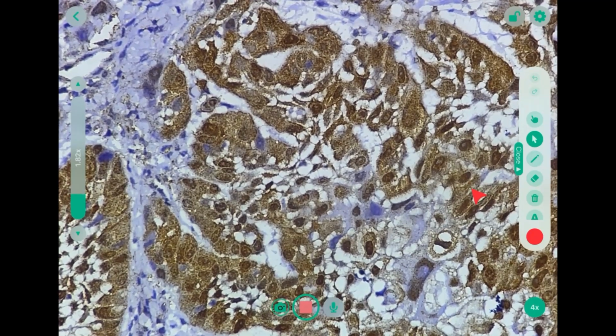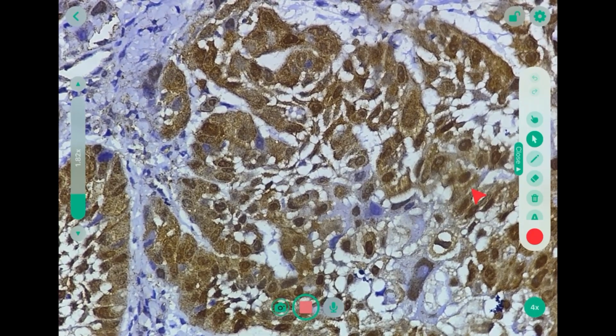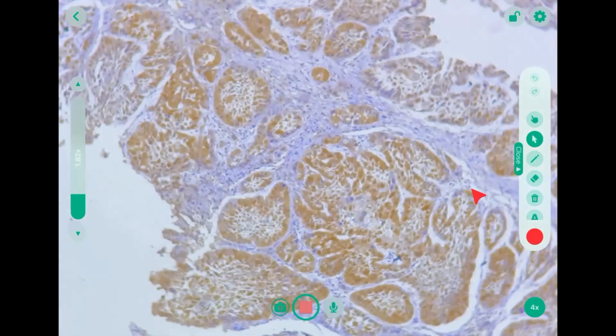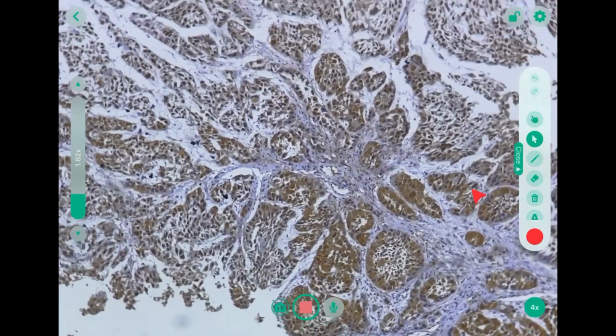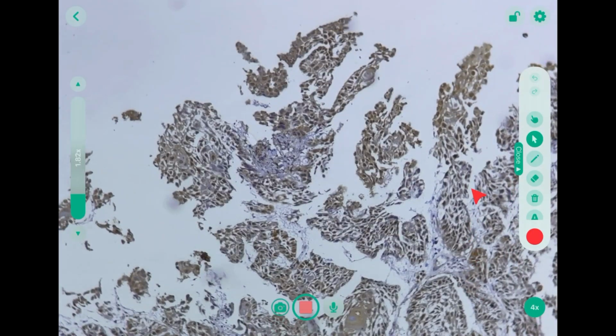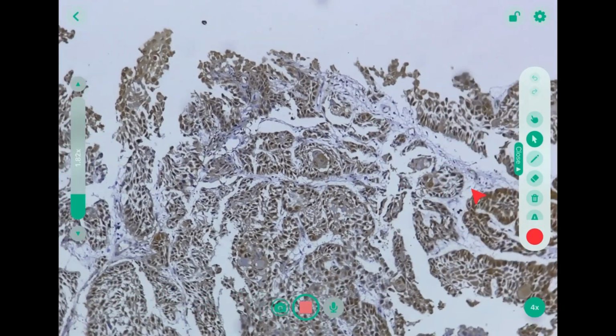And to call these P16 positive squamous cell carcinoma, mostly associated with HPV, human papillomavirus infection, there must be at least 70% of the cells with this immunopositivity. So here that criterion is fulfilled.